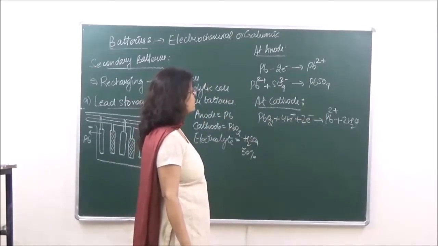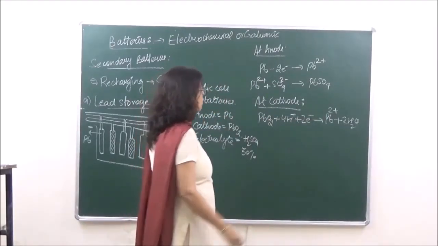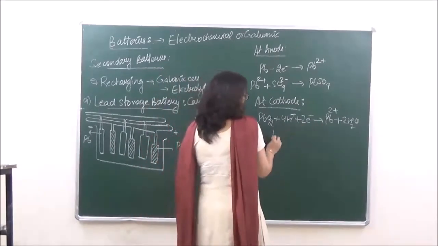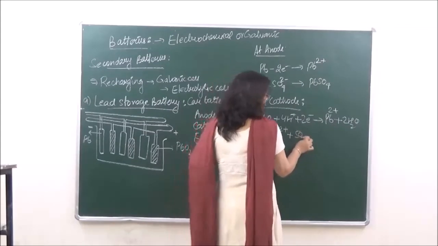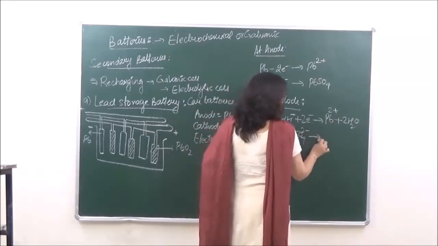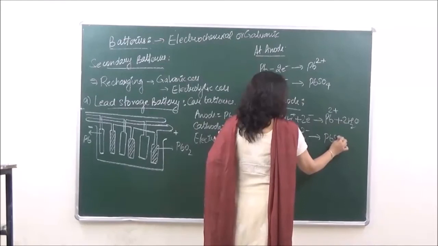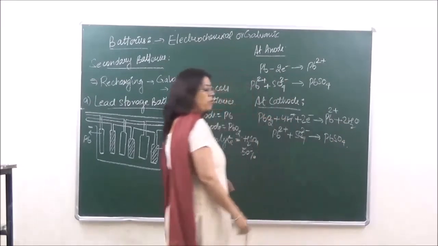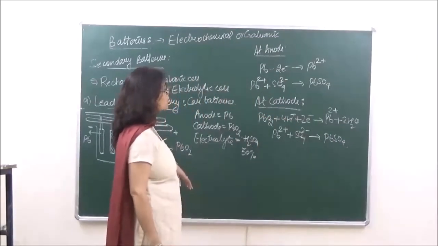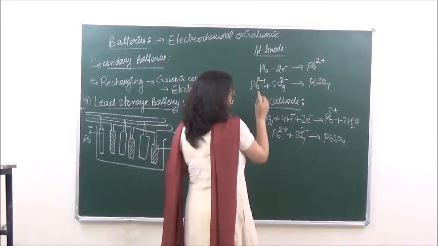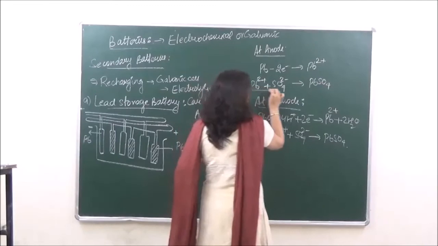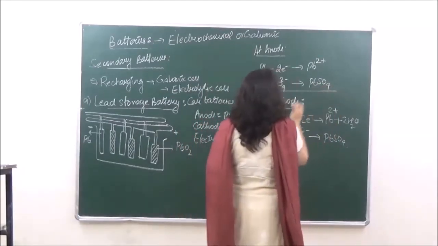Okay. Now again the Pb2+ which is formed over here is going to react with SO4 2- to give PbSO4. Now let's write down the overall reaction of the anode first. So the overall reaction of the anode is going to be what? I am placing it over here only.